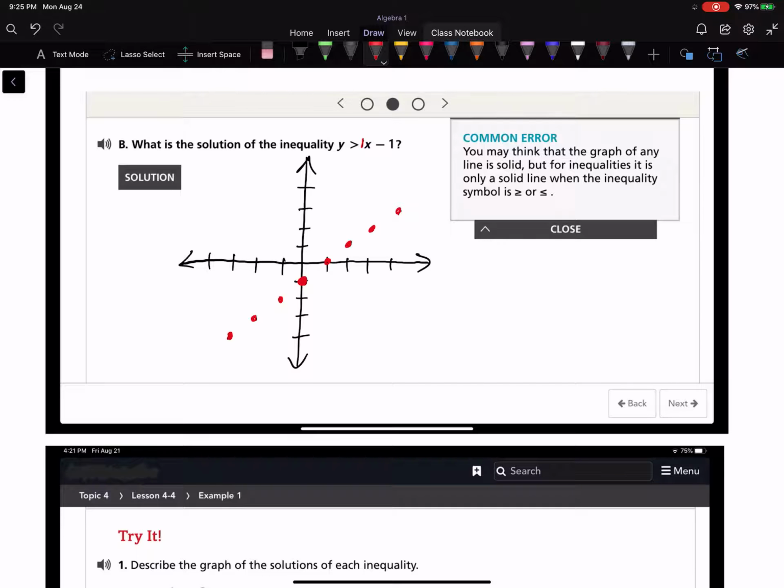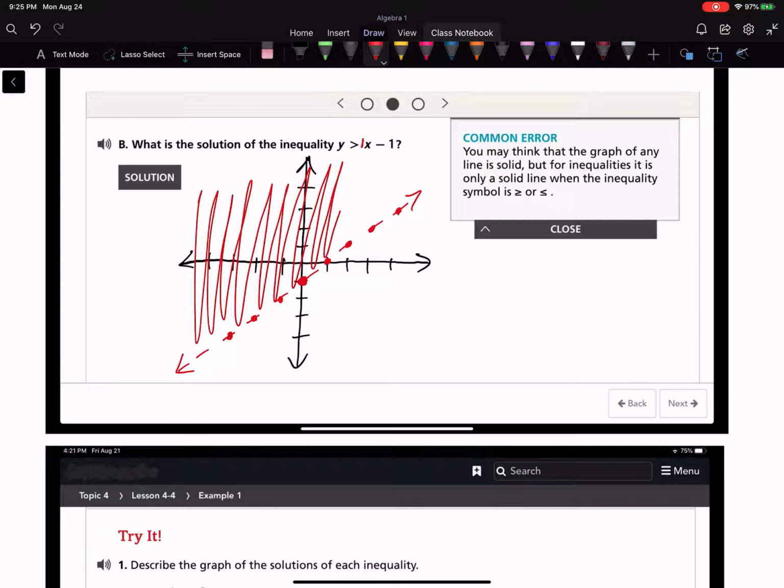So this time it is not equal to, it's just greater than. Since there's no equal to sign with it, you draw a dashed line rather than a solid line. And since greater than means we shade above the line, we shade above.